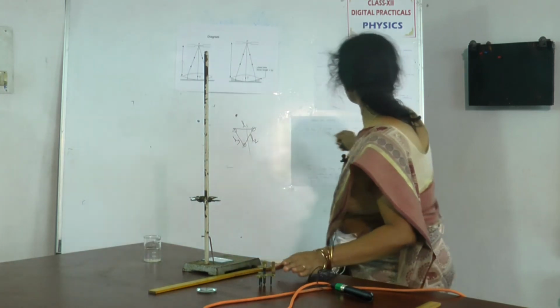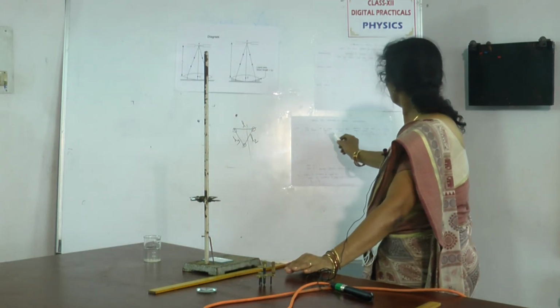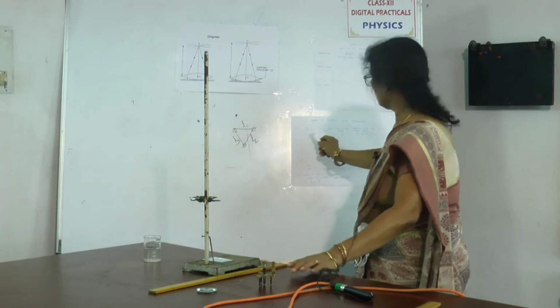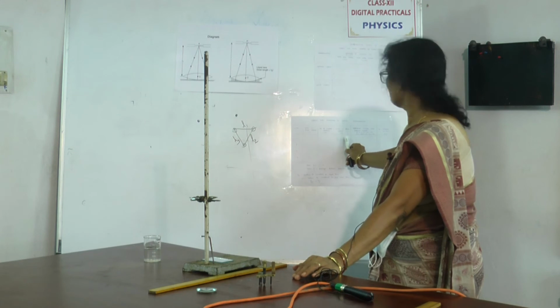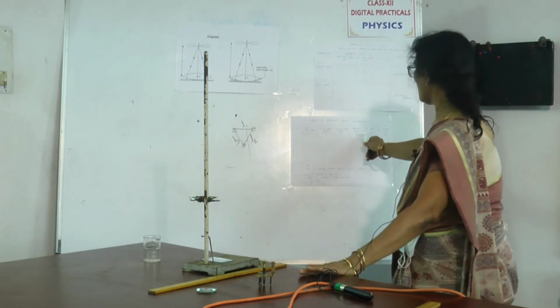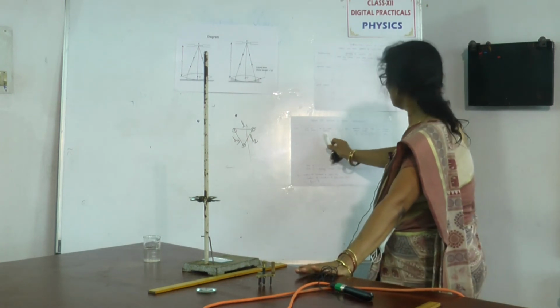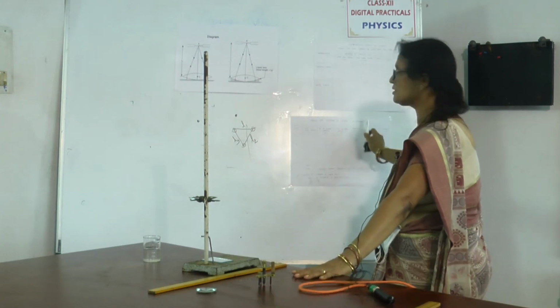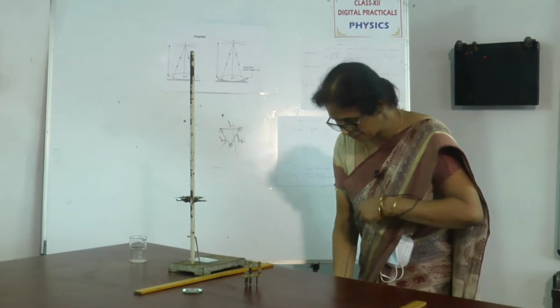So FCSR is 83. Number of rotations 1. ICSR is 35. FCSR 83. Then we will find the additional circular scale divisions. After one rotation, the second rotation was not complete. Out of 100 divisions, some divisions moved ahead.